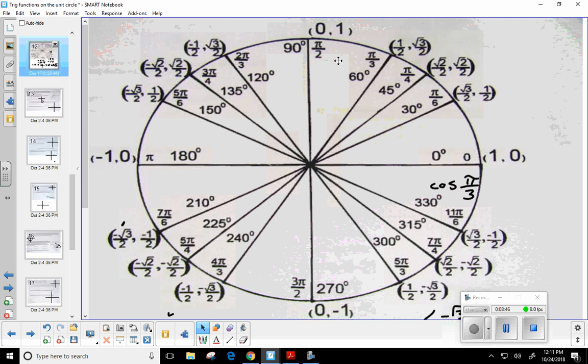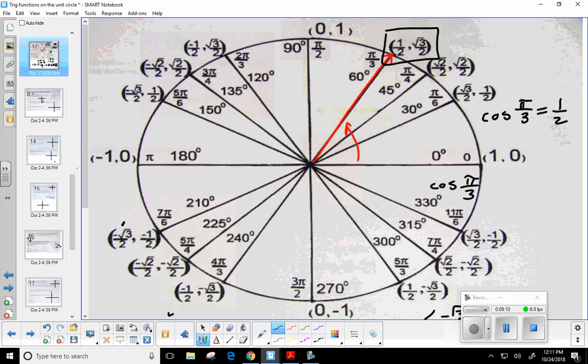So after I rotate pi over 3, this is where my terminal side would stop. This is the ordered pair that I'm very interested in. But remember, what does cosine want? He just wants the x value. So the cosine of pi over 3 would be, what's that? 1/2. So the cosine of pi over 3 would simply be 1/2.